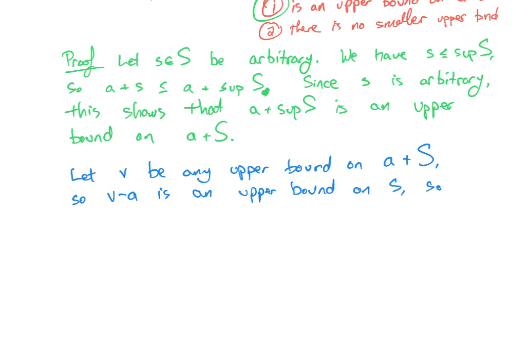Okay. Now, we know the sup is the least upper bound. So this means that v minus a is greater than or equal to the sup of S. So v is greater than or equal to a plus the sup of S. So indeed, what have we shown?